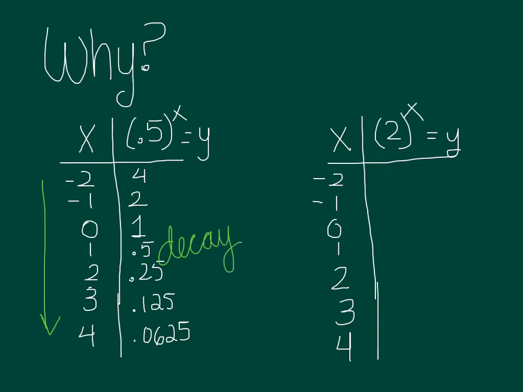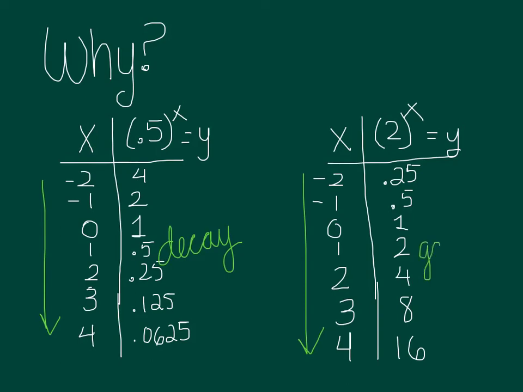Now looking at the other situation, if I do 2 raised to the x, again, negative exponents you may not remember, not a huge deal as long as you can use your calculator. So 2 raised to the -2 is 0.25, 2 to the -1 would be 0.5, 0, 1, 2, 4, 8, and then 16. Now you can see as x's increase, so do my y's.